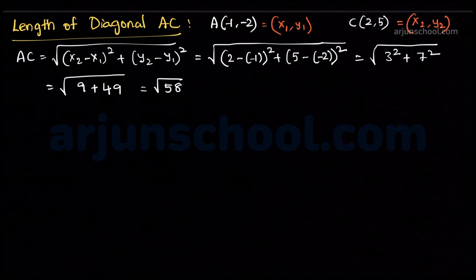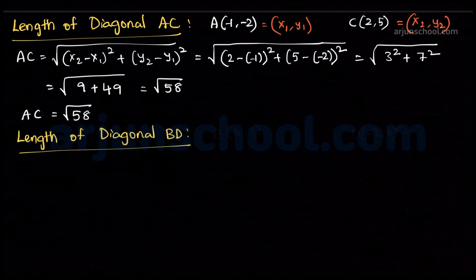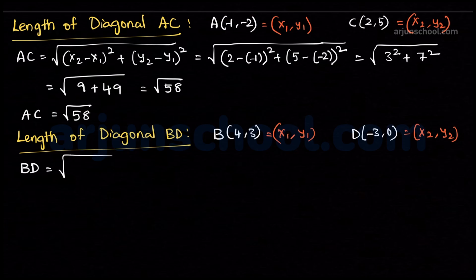Therefore, length of the diagonal AC is equal to root over 58 units. Now let us find the length of the diagonal BD. Consider the point B as (x1, y1) and D as (x2, y2). BD is equal to root over, what is the distance formula?